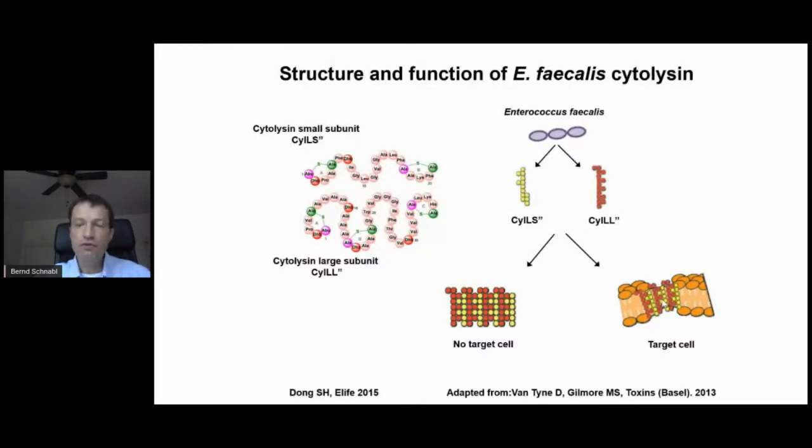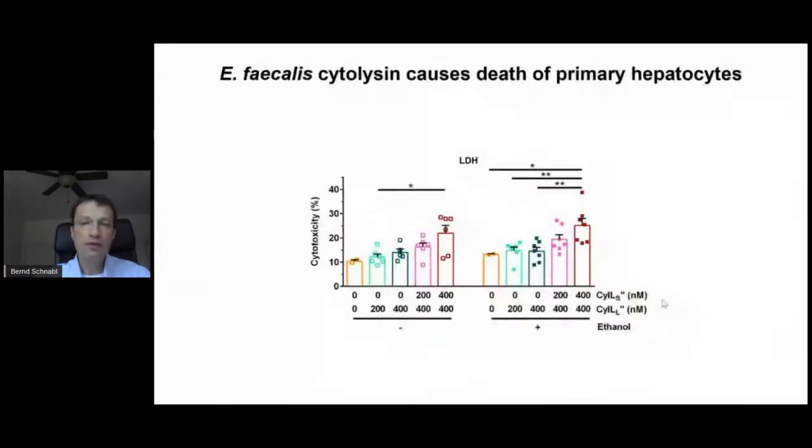So is this also true for the mouse liver cells, specifically for mouse hepatocytes? So we isolated mouse hepatocytes. We incubated them either in the absence or presence of ethanol, and then we treated them with various amounts of these recombinant cytolysin subunits. And you can see here that these are the untreated primary hepatocytes, and then we added 1 subunit, the large cytolysin subunit, and you cannot see any cytotoxicity, or at least a baseline cytotoxicity.